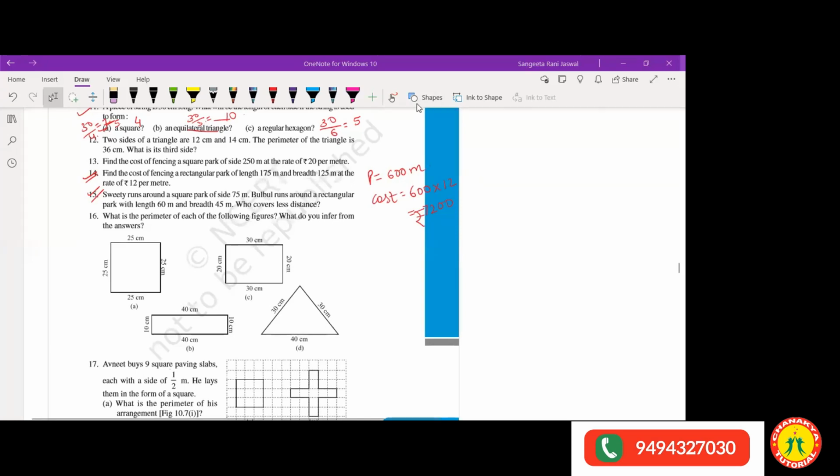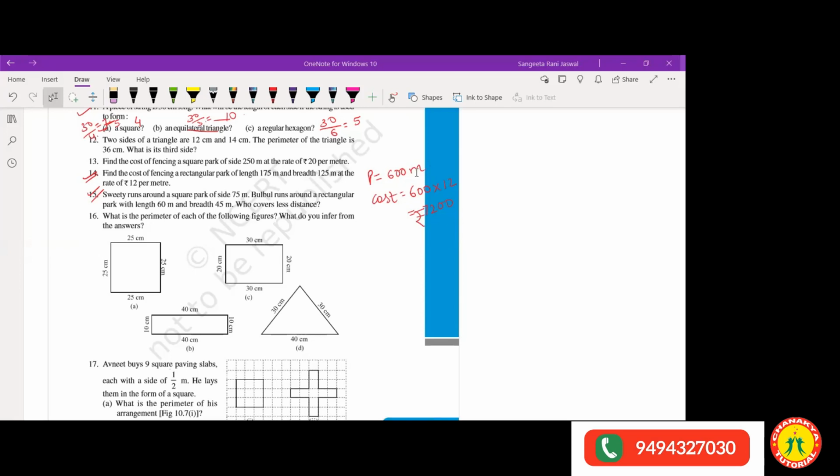Very good, Charvik. Ma'am, first we need to find the perimeter of the square park which Sweetie runs. So it's 75 into 4, which is 300 meters. And then the rectangular park which Bulbul runs. For the perimeter, we need to do 2 into 60 plus 45.